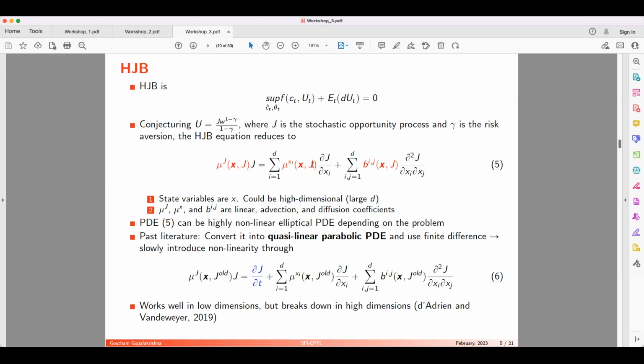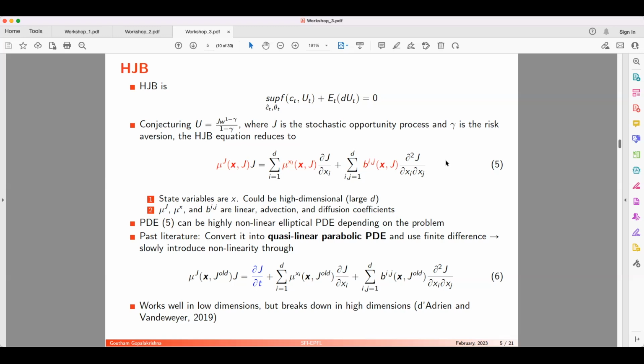It enters before the first partial derivative with respect to the state variables. That can also depend on the state space X as well as the value function, and can be highly nonlinear. And this term is called the diffusion coefficient. Remember, all these terms are actually functions. Especially when they are highly nonlinear functions, this is a highly nonlinear partial differential equation to solve.